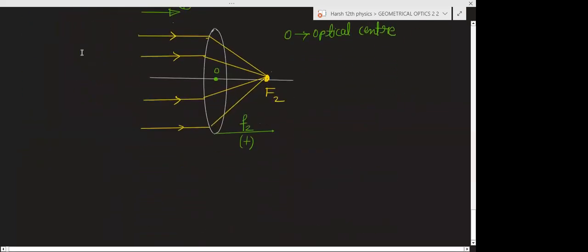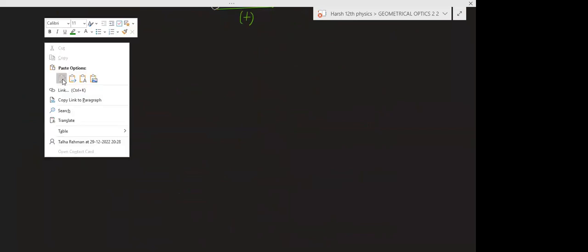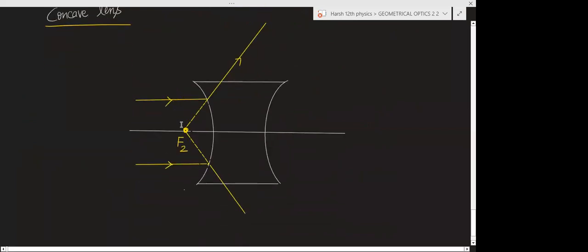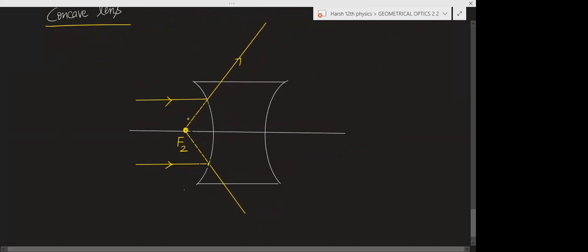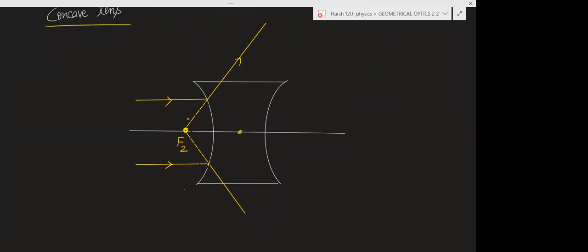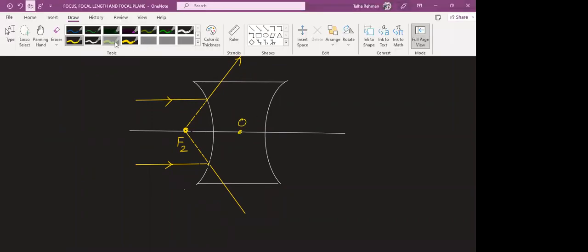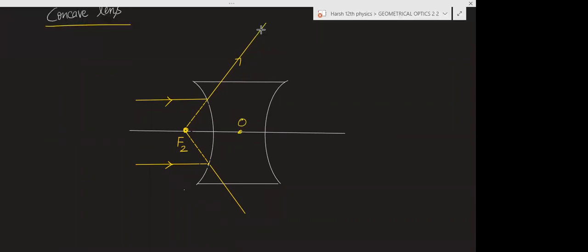For the concave lens, the focus is on the left hand side. If this is the optical center you are taking, you will measure the distance from the optical center to the focus like this. So this will be your F2.